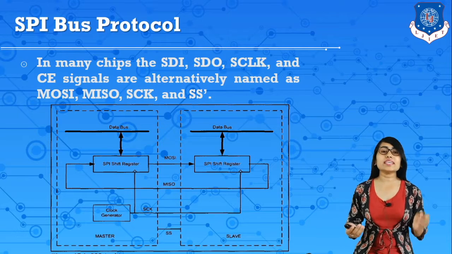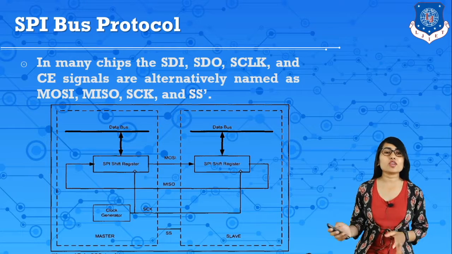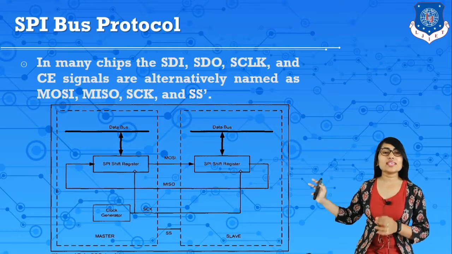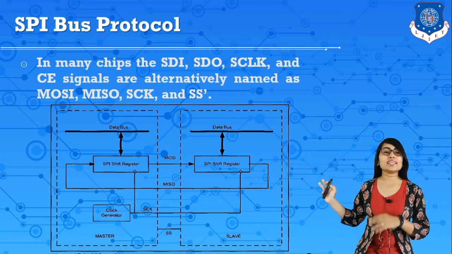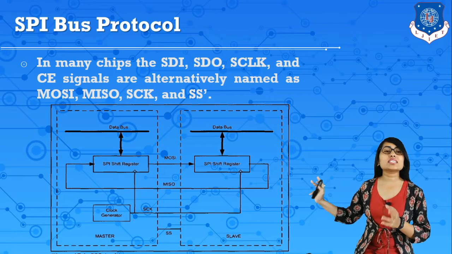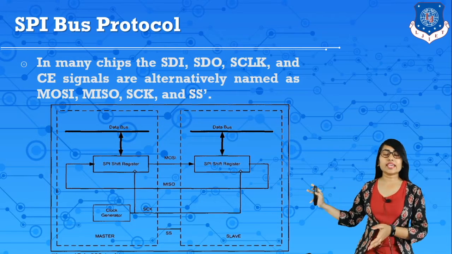The SDI, SDO, SCLK and CE signals are alternatively named as MOSI, MISO, SCK and SS dash. This is MOSI, that is master output slave input, MISO, master input slave output, clock and slave select.